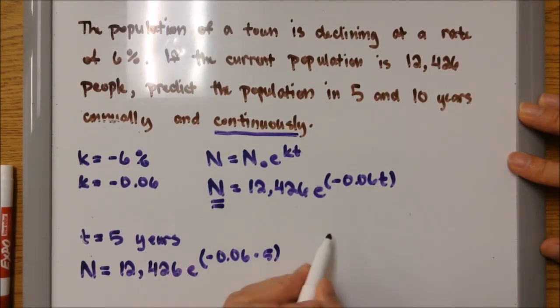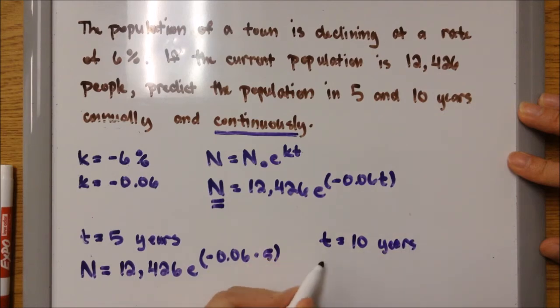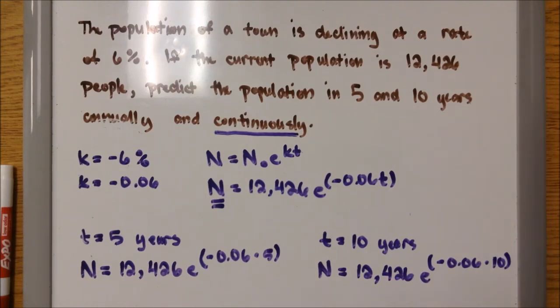Now if it asks you for 10 years, so t equals 10 years, then our new model or formula will be N equals 12,426 times the e function to the power of negative 0.06 times 10. So that's how you would set it up.